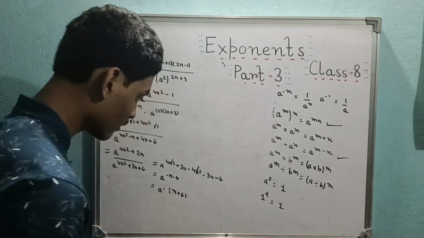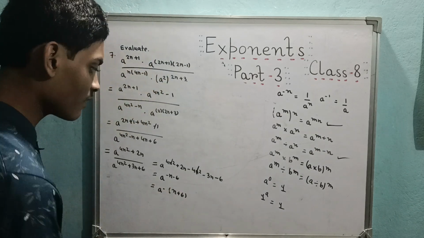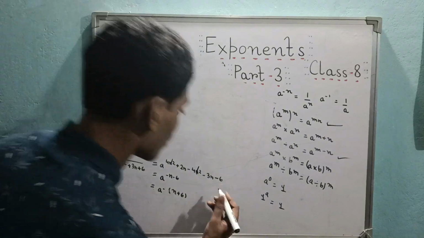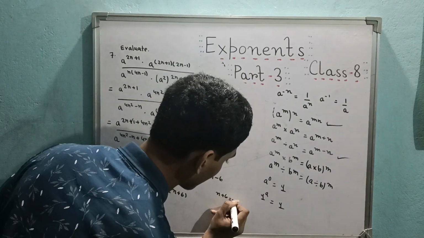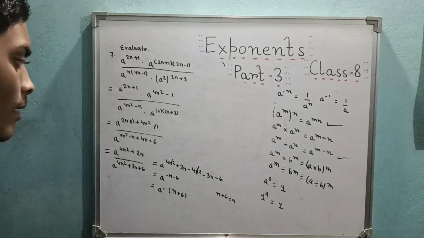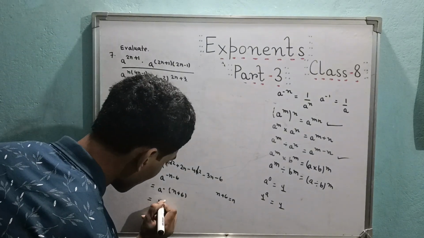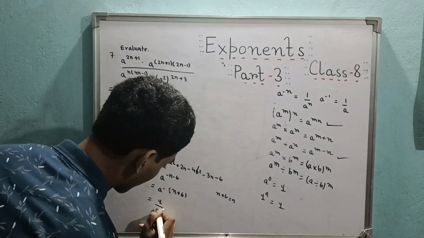Okay, this is actually like this, right? A to the power minus n plus 6. So a to the power minus, if you just consider n plus 6 equal to n, a to the power minus n equals 1 by a to the power n. So equal to 1 by a to the power n plus 6.